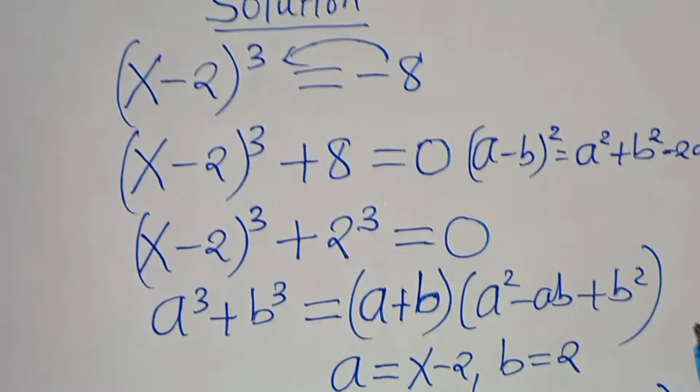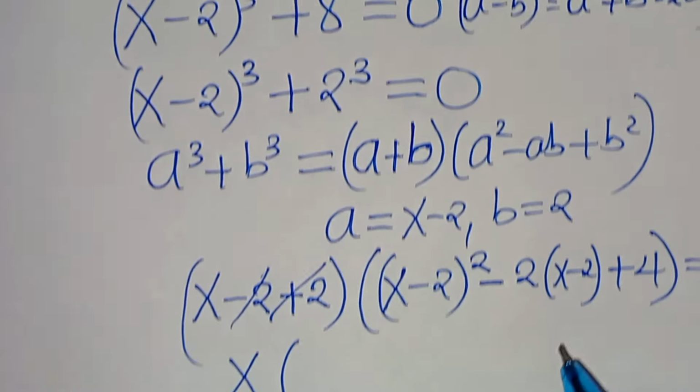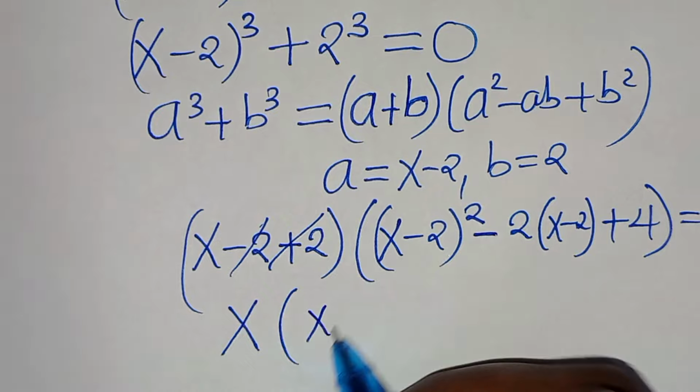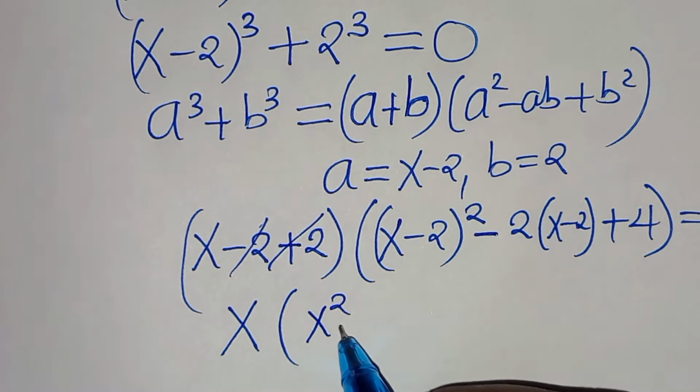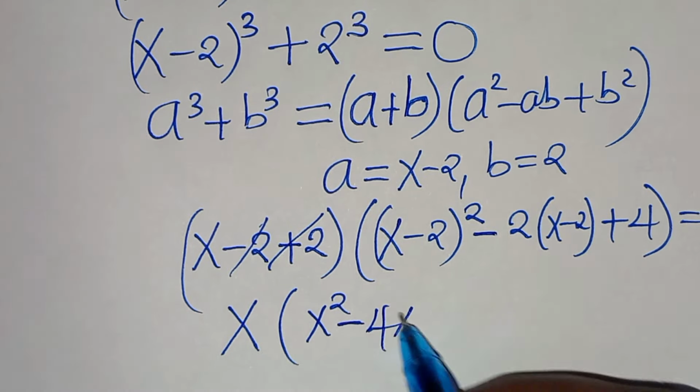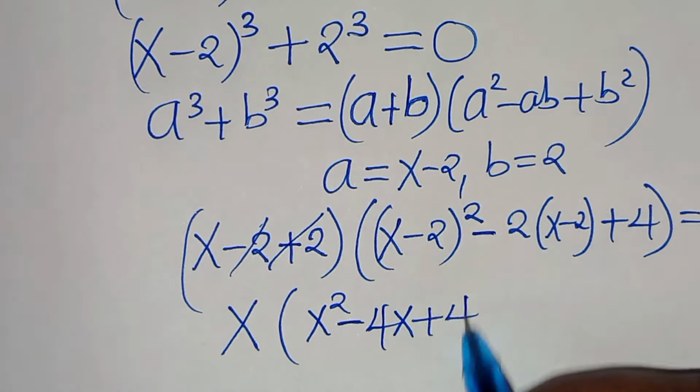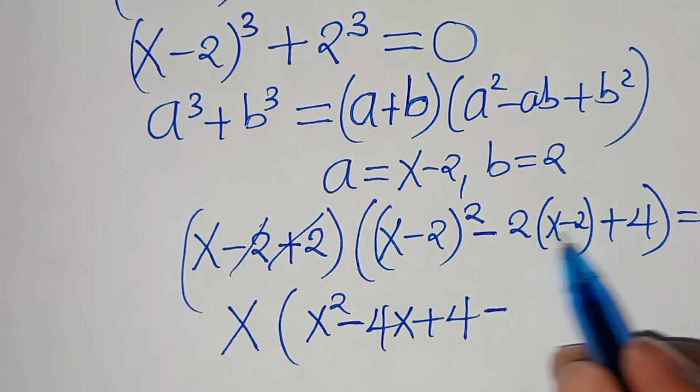So let's apply this identity so that now we have x(x^2 - 4x + 4 - 2x + 4 + 4) = 0, after opening the parentheses.